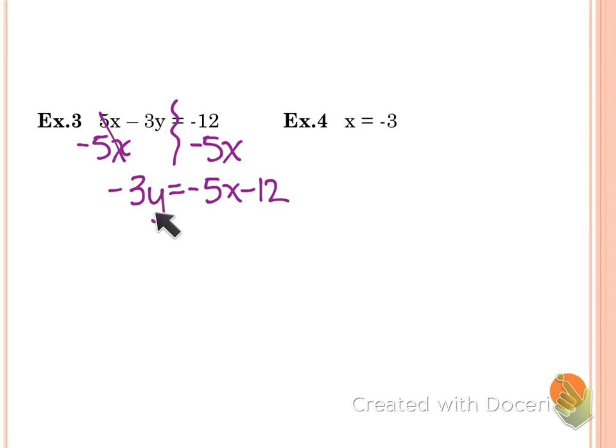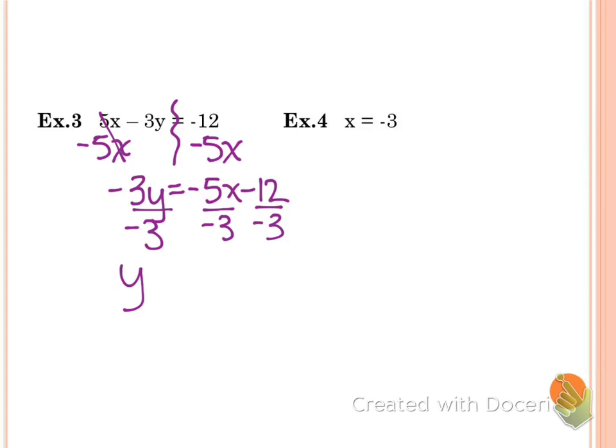I'm trying to get y by itself. Right now I'm multiplying it by a negative 3. Divide by a negative 3. But remember, if I do that over here, I also need to do it on the other side. When we go to the other side, we're going to split it up for both terms.